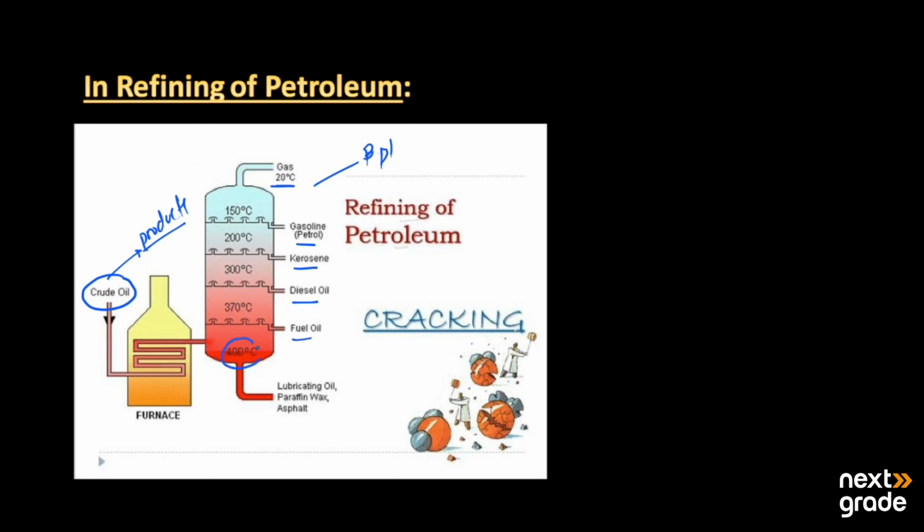The last temperature is 400 degrees Celsius, in which the lubricating oil, paraffin wax, and asphalt are separated. So this is basically the cracking process. In this process, H2SO4 is used to remove the nitrogen compounds as well as for the refining of the sulfur compounds.